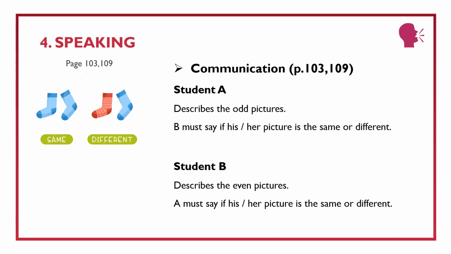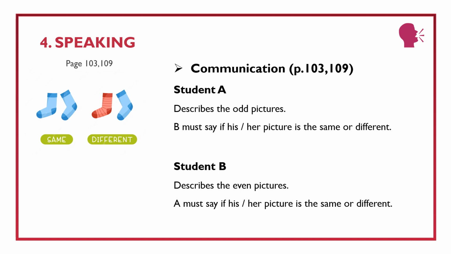What do we need to do here? We need to describe our pictures to each other and find the differences. So, as a student A, I will describe the odd pictures.